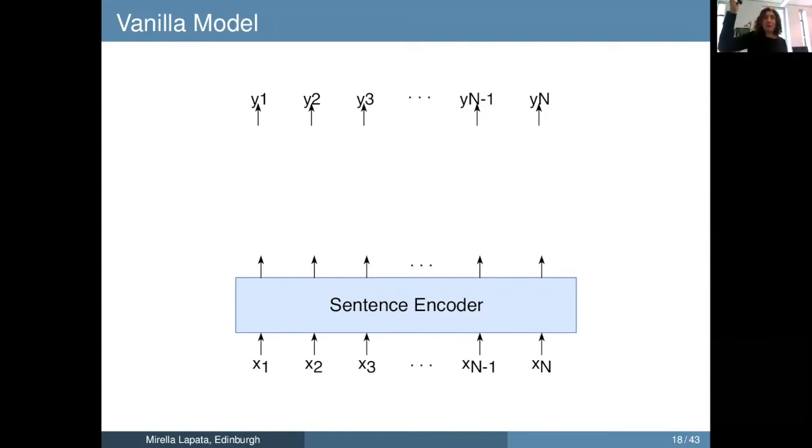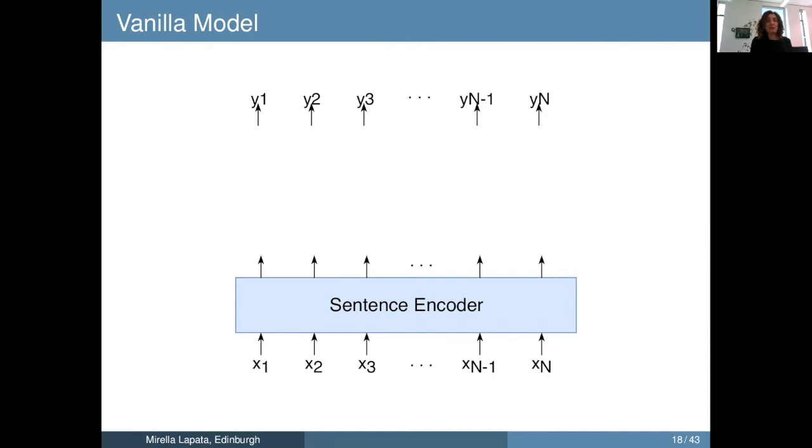So if our first sentence is 1, then we know it's the first turning point, and if our fifth sentence is again 1, we know it's the second turning point, and so on. So we are doing this binary classification task per sentence.